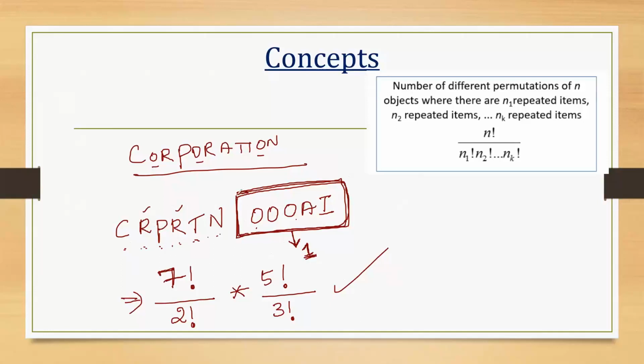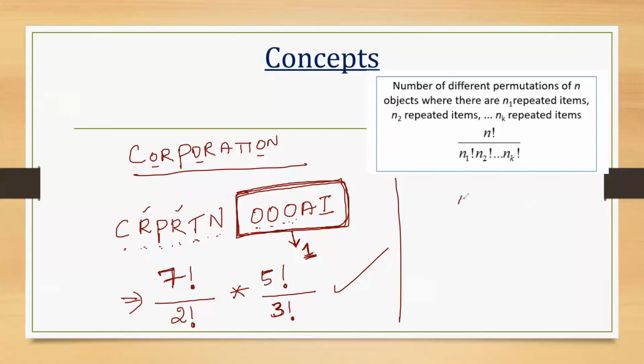Into, inside the box, we have 5 letters, so 5 factorial, divided by 3 factorial since O is repeated 3 times. Is it clear? Any doubt? We want to arrange the words with vowels always together.